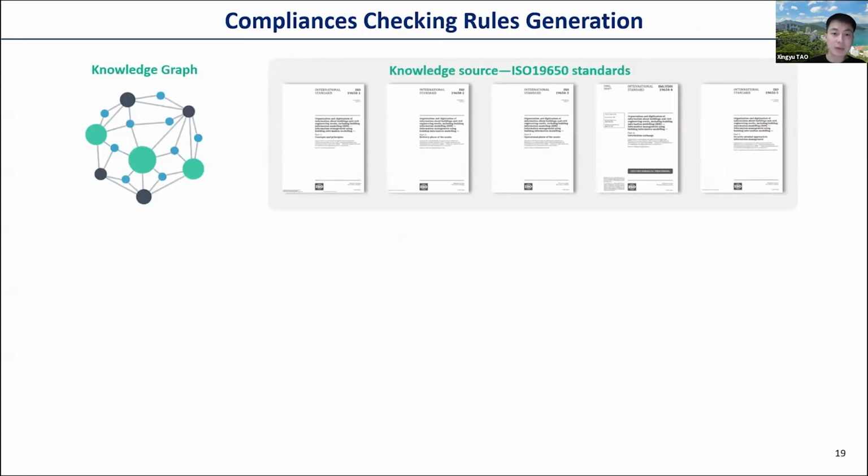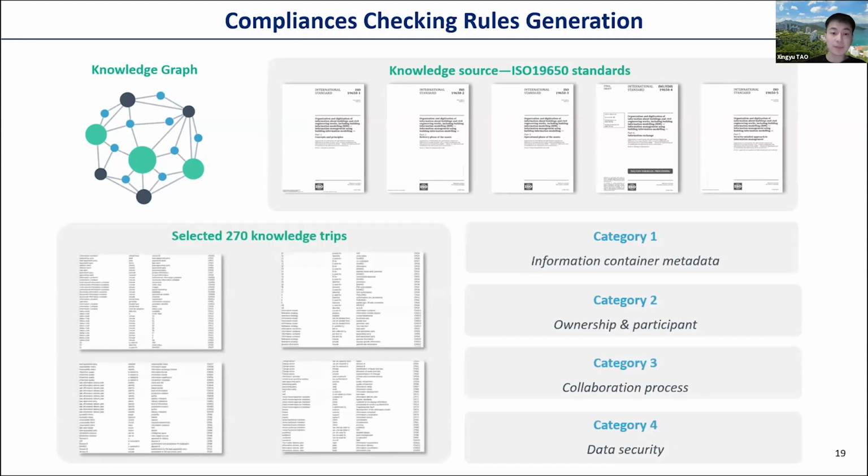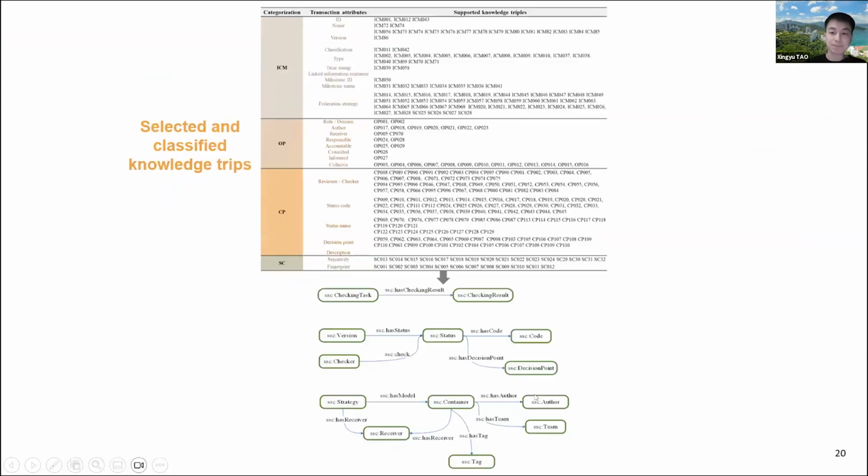The rules are established based on ISO standards, which provide comprehensive and complete information about metadata regulation in BIM collaboration. And finally, we selected 270 knowledge triples, and we categorized them into 4 groups, including information sharing metadata, ownership data, collaboration metadata, and data security metadata.